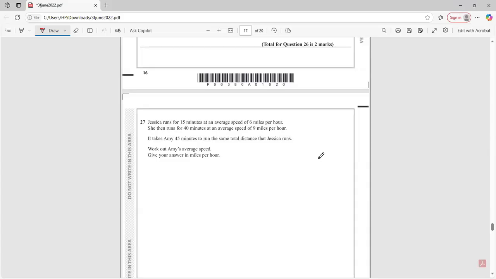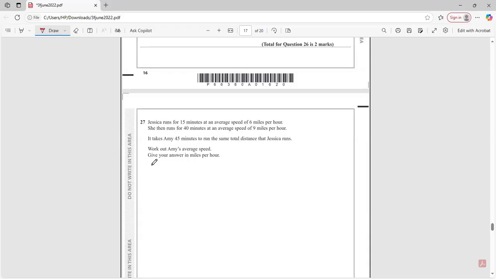So average speed's formula is just same as speed, which is distance over time. I mean, even the unit gives itself away. Miles per hour, right? MPH. Now, we're actually dealing with only two people in this question, Jessica and Amy.